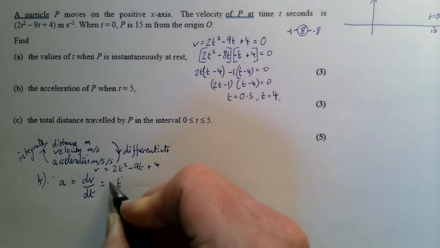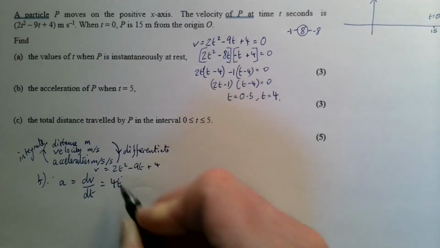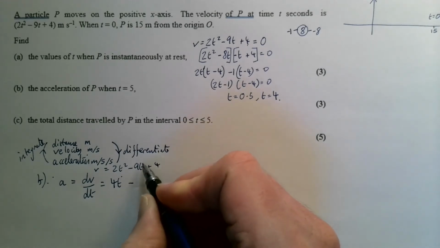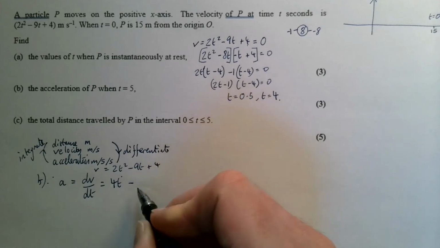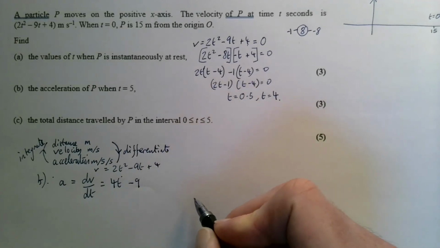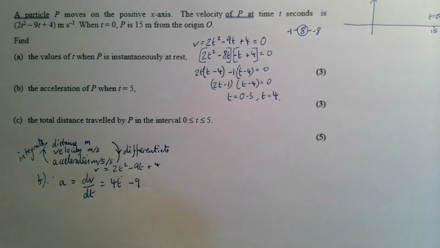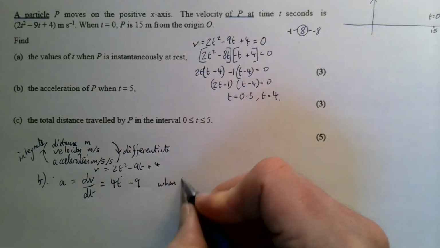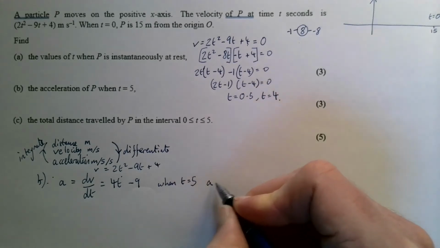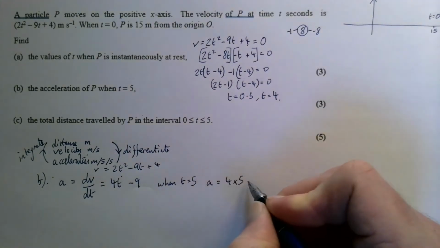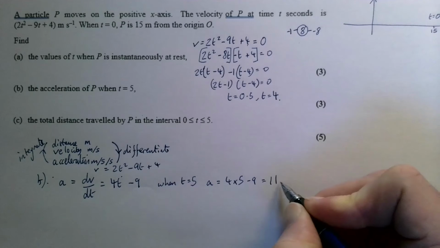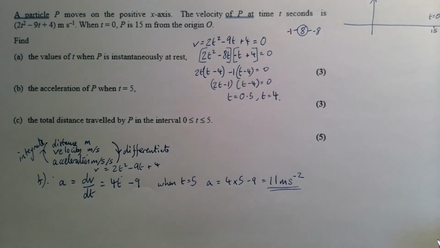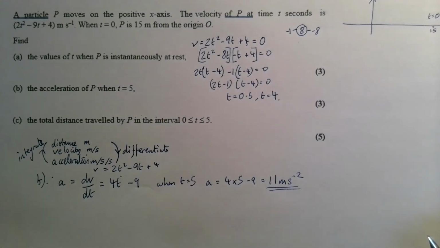I'm going to multiply by the power to give me 4t, and the power drops by 1. And we multiply by 1 gives us -9, and then we lose the number. So it's 4t minus 9 when t equals 5. A is going to equal 4 times 5 take 9, which is 11 meters per second squared. So that's part B, all 3 marks done.